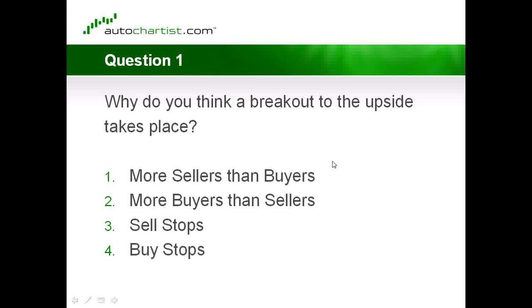So if you have the skill set and the patience to watch what's going on in the real market, the bids and the offers and the actual trades, that'll give you an edge over those traders that are simply watching the chart. You'll get a little jump on them.